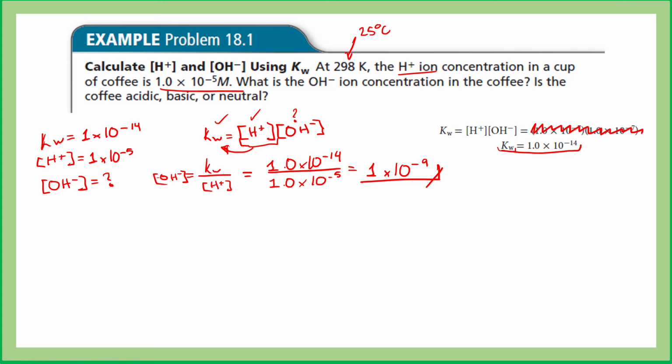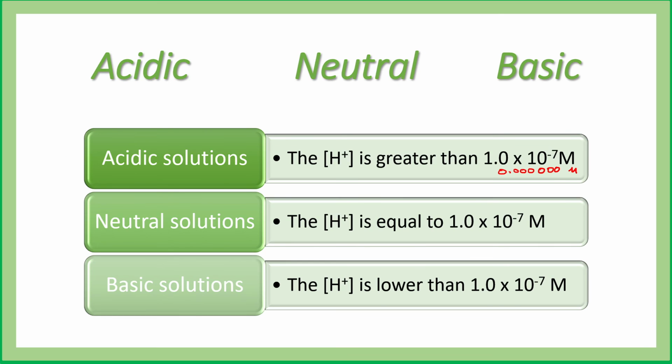And additionally, they are asking, is the coffee an acid, a neutral, or a basic solution? Well, we have that this is the hydrogen ion concentration, 0.00001 molar. And we said if the hydrogen ion concentration is greater than this number, it will be an acidic solution.